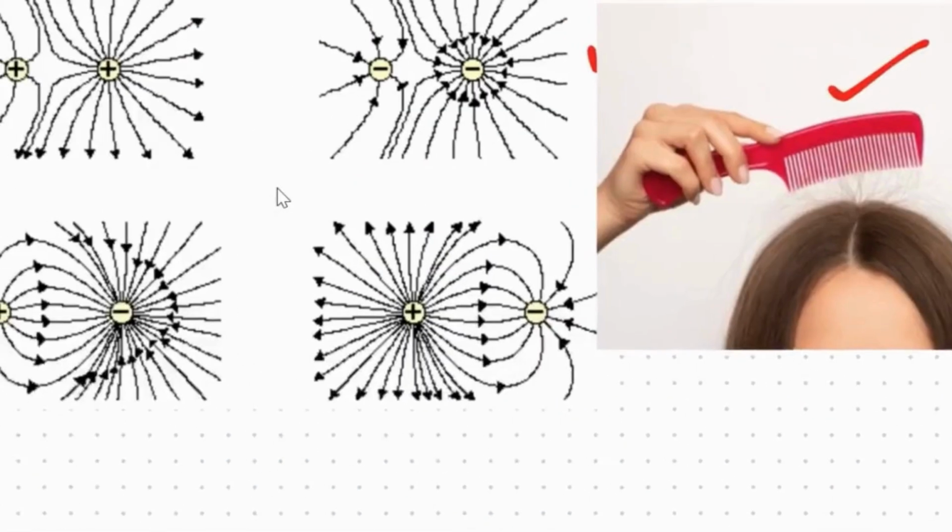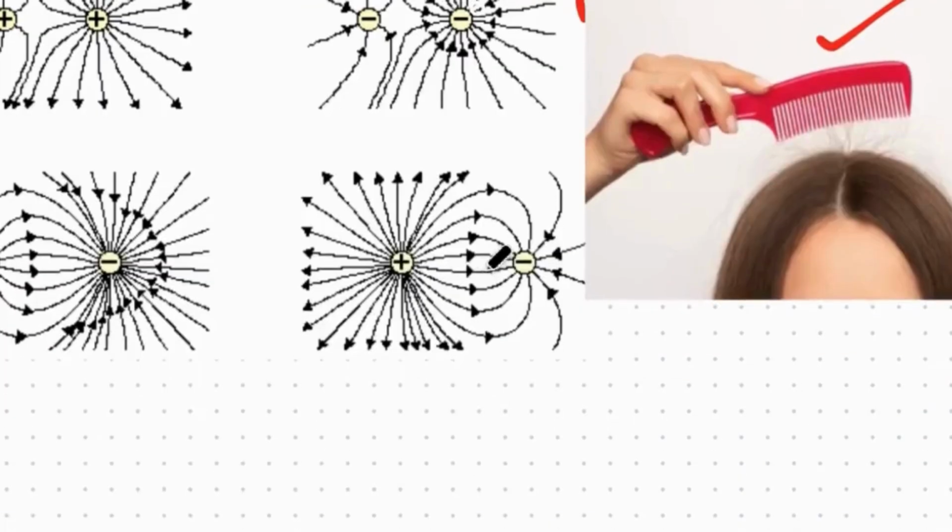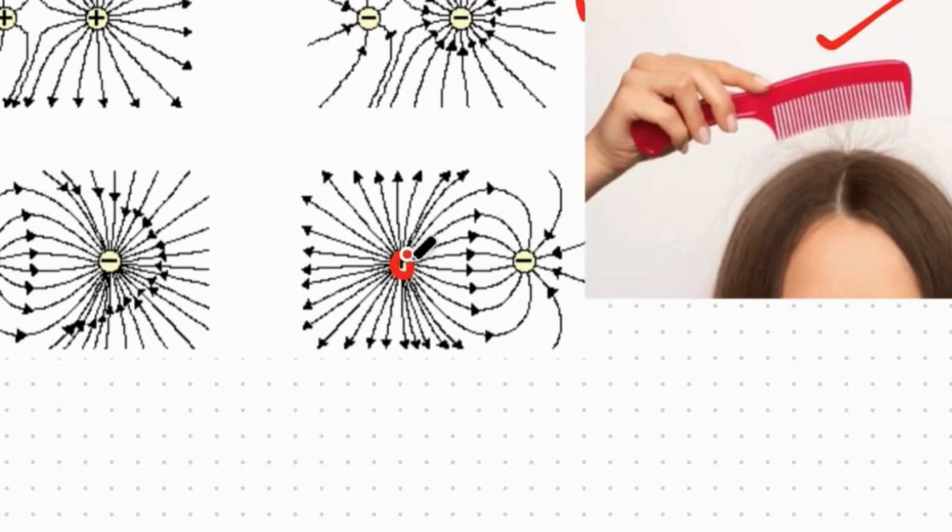See, you already know from this diagram that if this is a positive charge, right, and this is a negative charge, when you bring it close like this comb, these forces act inversely, right? It means the electric field pulls the paper toward the comb, because this was the comb, right?